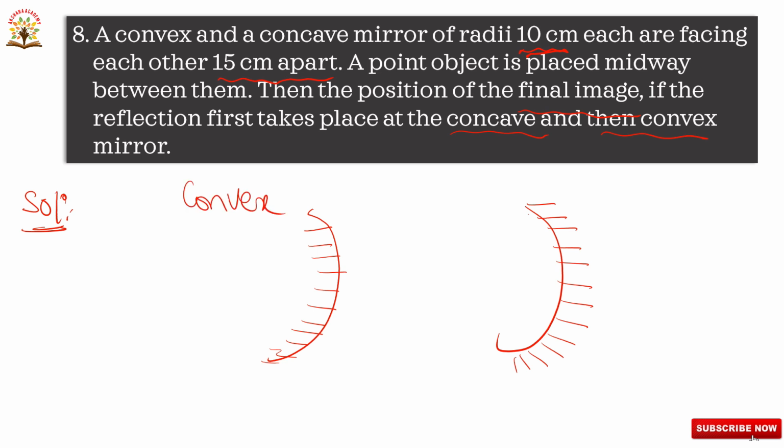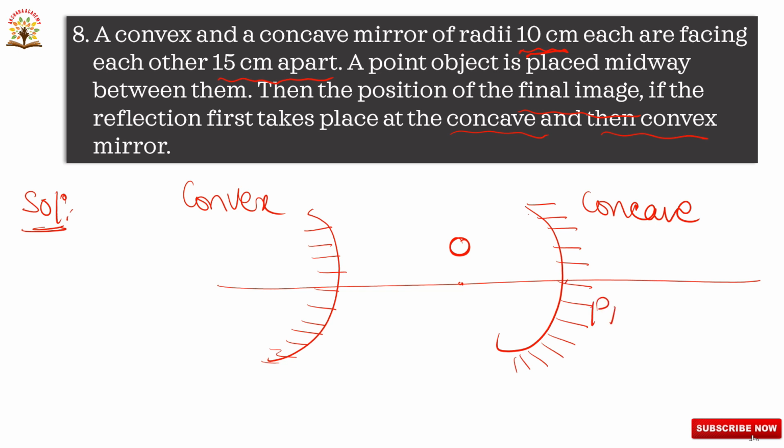This is the principal axis and we are placing the object here, with pole P1 here and pole P2 here.